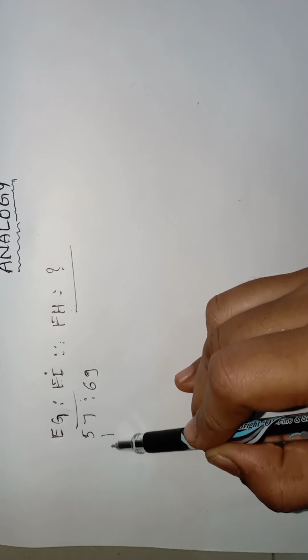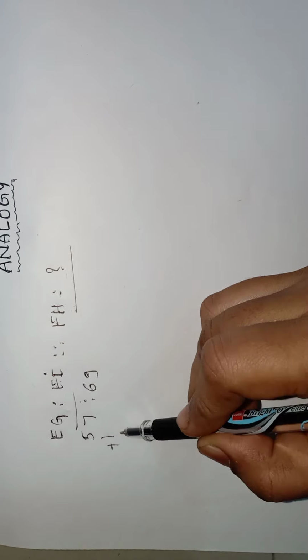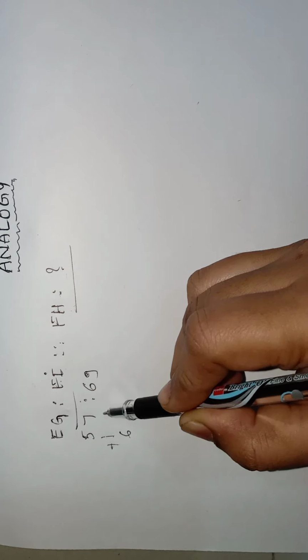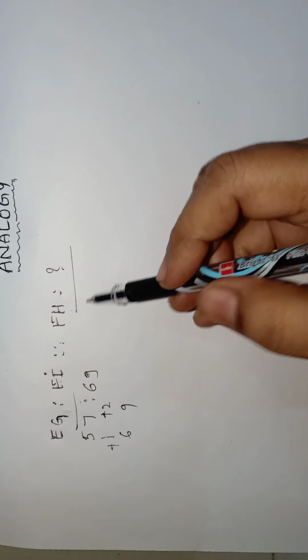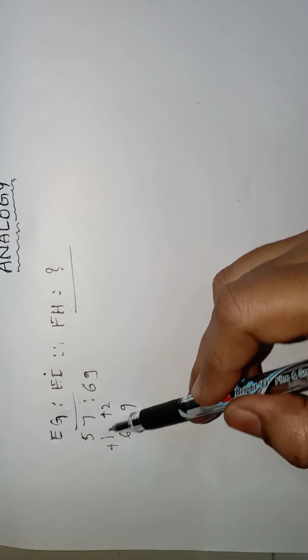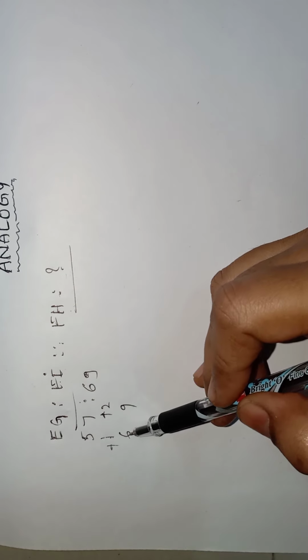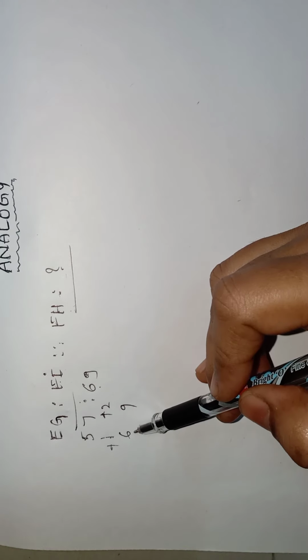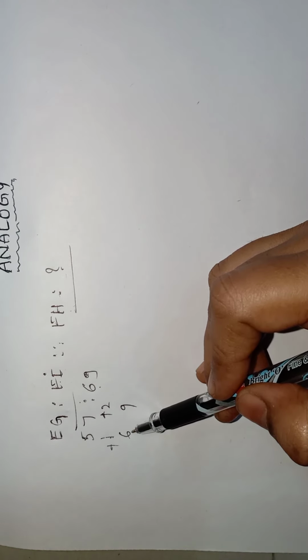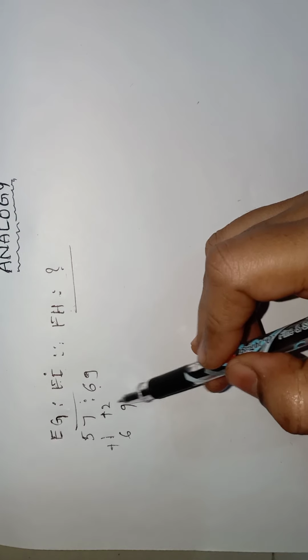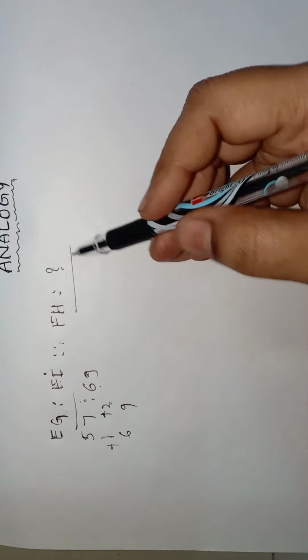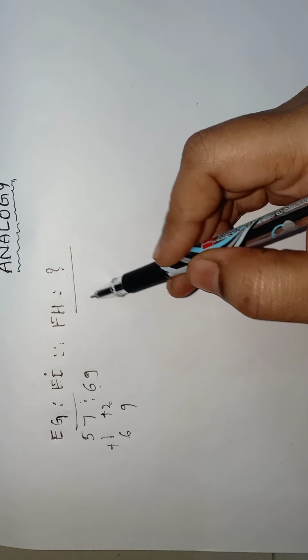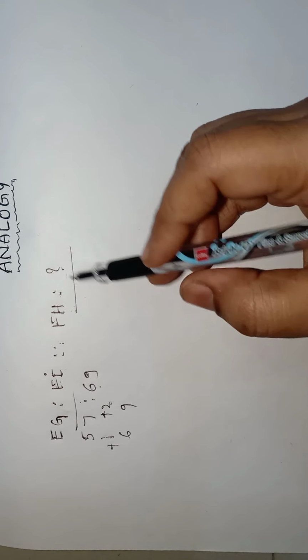Now 5 plus 1 is 6, and 7 plus 2 is 9. So if we add 1, we get 6, and if we add 2, we get 9. So here also we use the same reason.